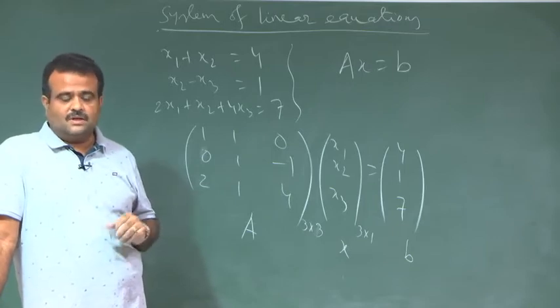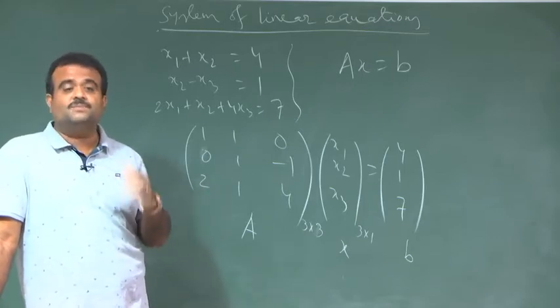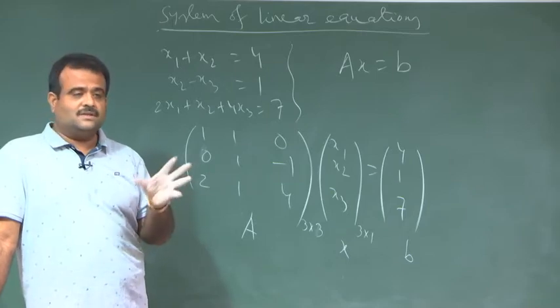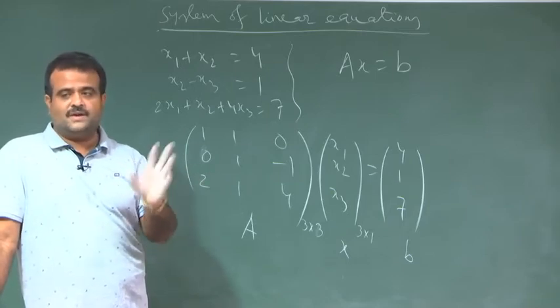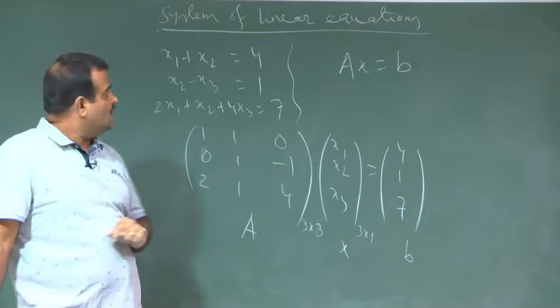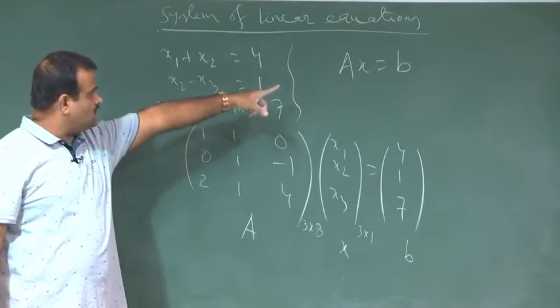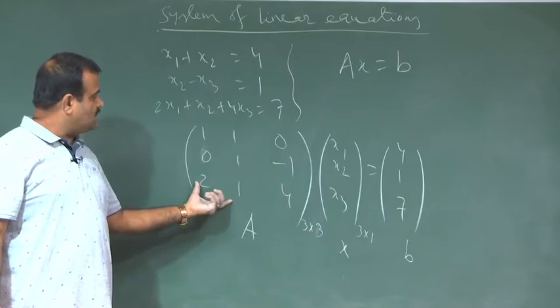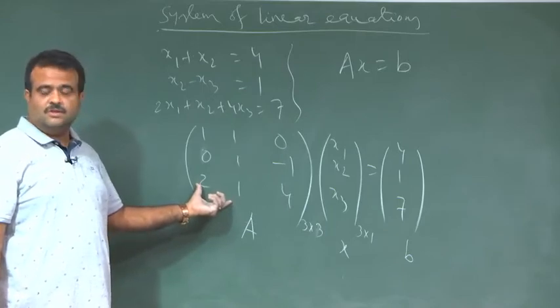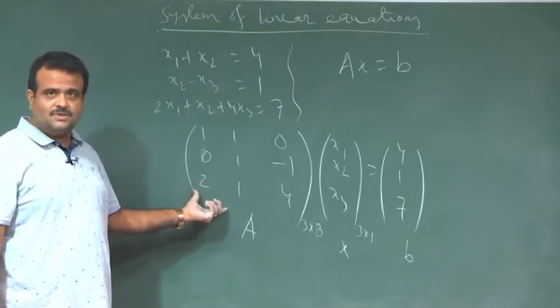If there is a solution, it may be infinitely many solutions, or a unique solution. Now, suppose A is a square matrix. Then we can think of the determinant of A. If the determinant of A is non-zero, then it is a non-singular matrix and the inverse exists.